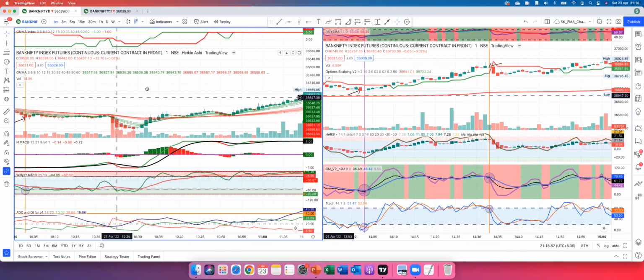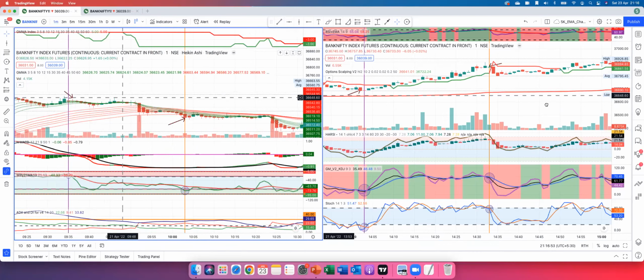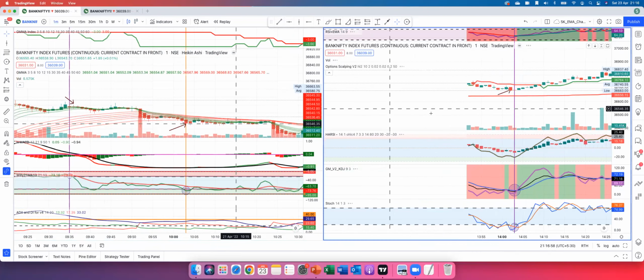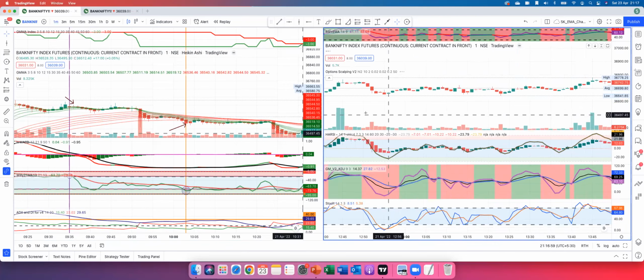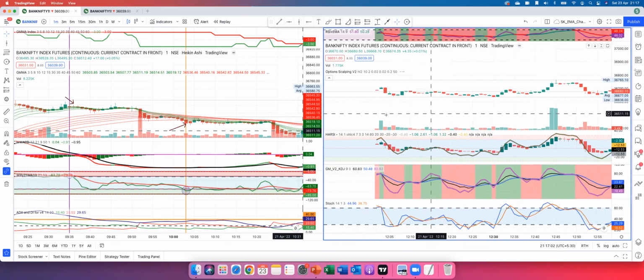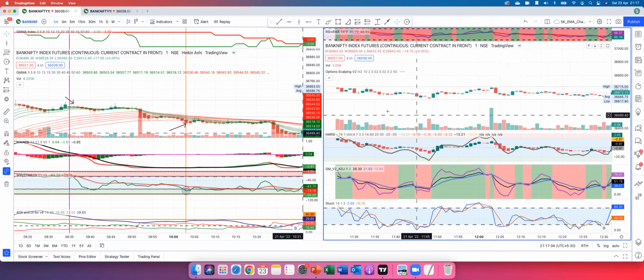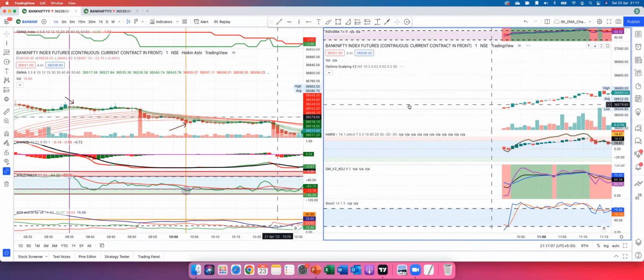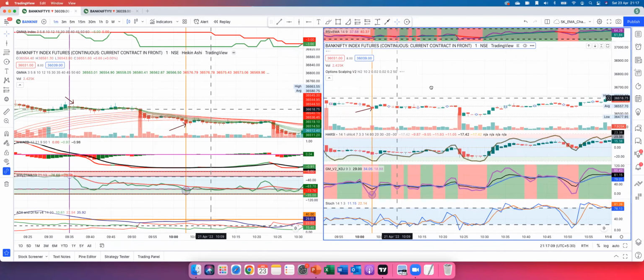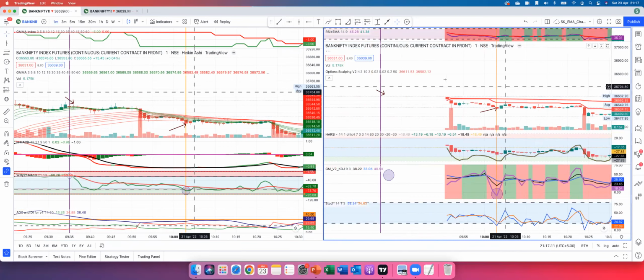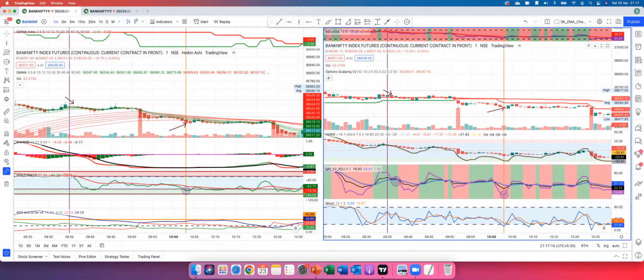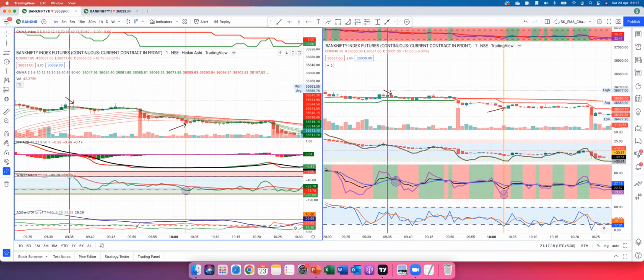Yeah, here it is, another one. So having these two charts side by side helps you to take a decision, and it gives you more confidence that yes, the signal is strong.